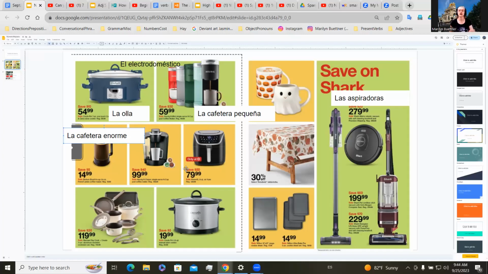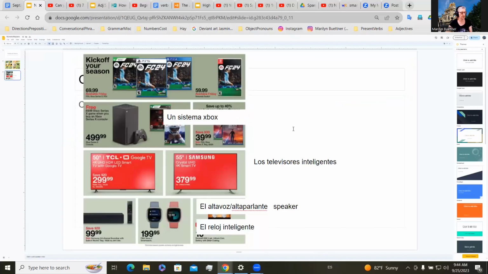La de $279, ¿sí? Perfecto, ¿sí? Y entonces también tenemos una aspiradora de 229, ¿no? A 229. Bueno, aquí tenemos otros productos.